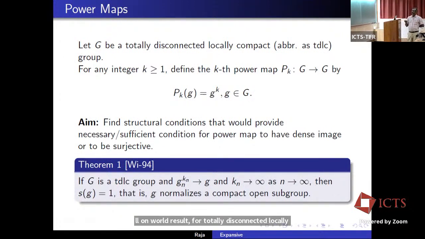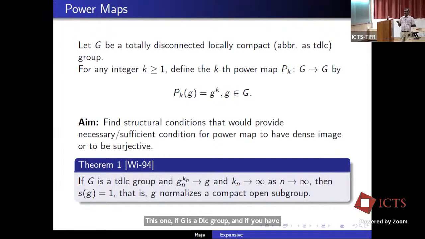If G is a TDLC group, and if you have some k_n-th power of a sequence of elements g_n that converges to g, where the condition is that k_n should go to infinity, otherwise this will not be very meaningful, then he has a notion called the scale that has to be 1 for that element.